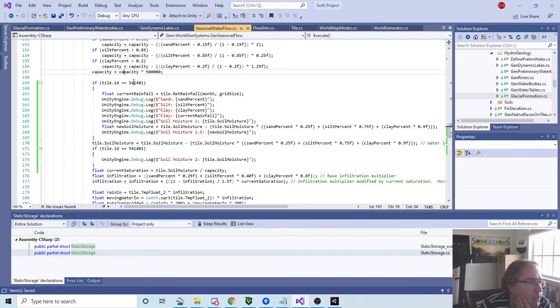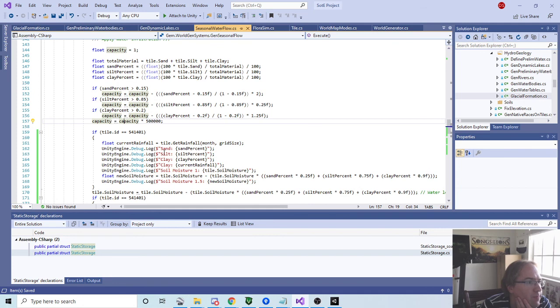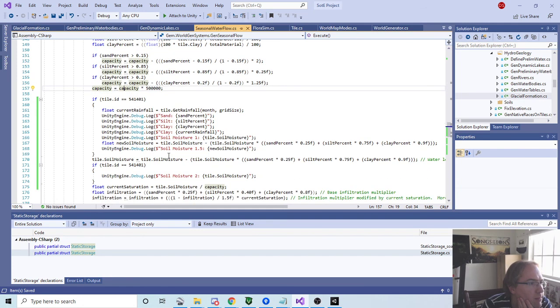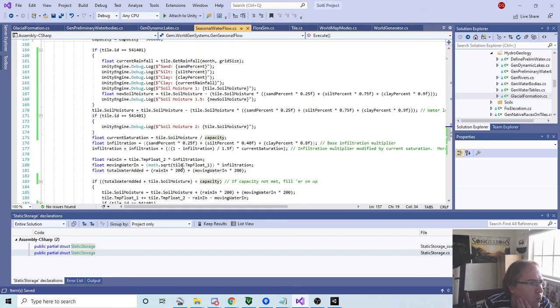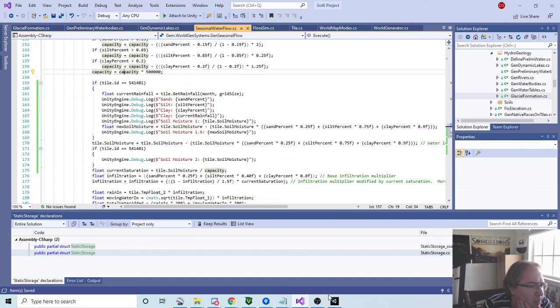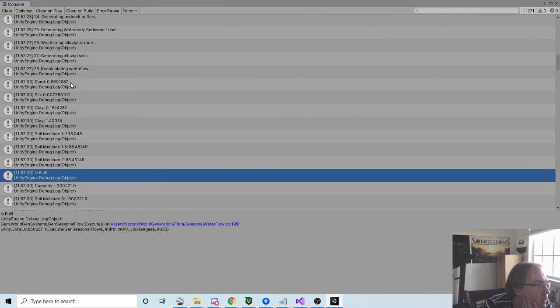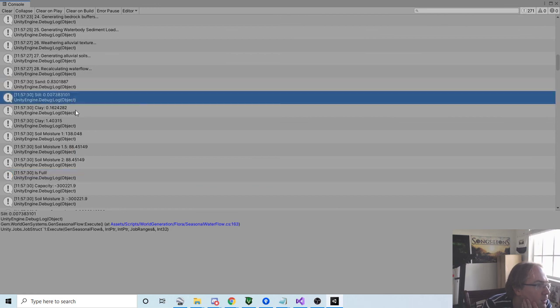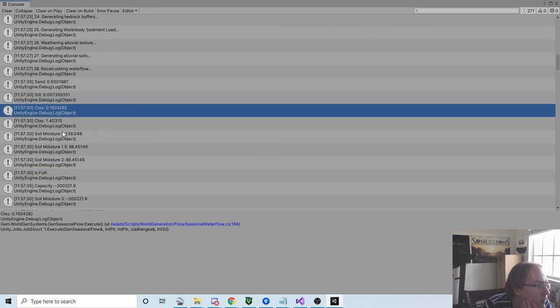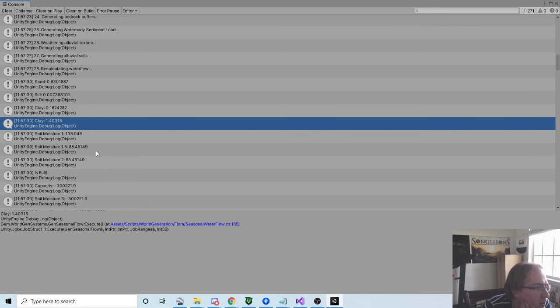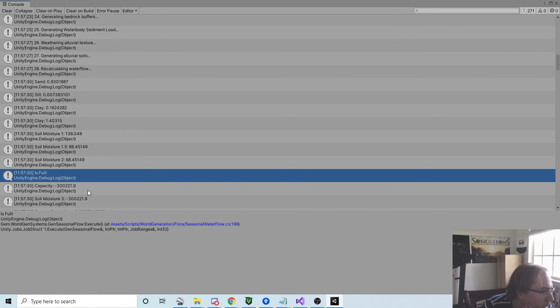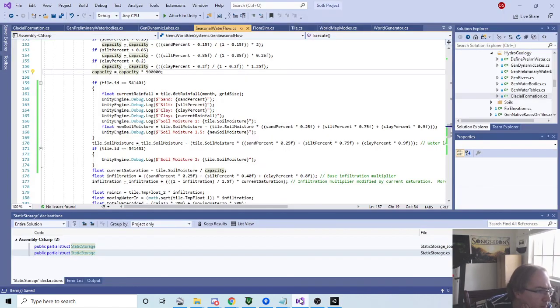Okay, so what's going on here? Like, way negative. What is going on? Sand, silt, clay. This should say rainfall or whatever. And then it says, oh my god, we're full because obviously we have negative capacity.